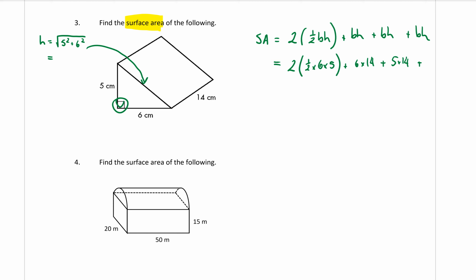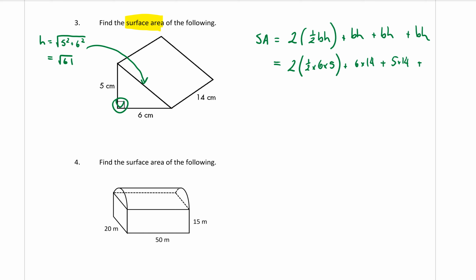I don't want to put a rounded number into a calculation. We've learnt a bit about errors, right? If I round this and then I do lots of timesing with it, you might be out by a few decimal places in your final answer. So instead, to avoid an error, I'll leave that in surd form. 5 squared plus 6 squared is 61, so I'm just going to put in the square root of 61 to keep it exact.